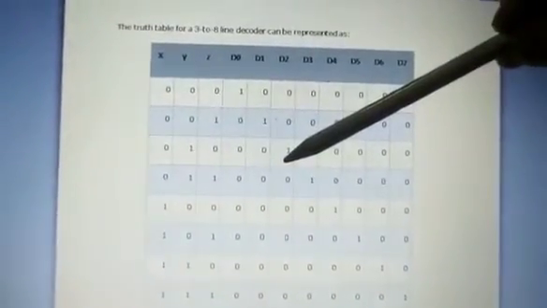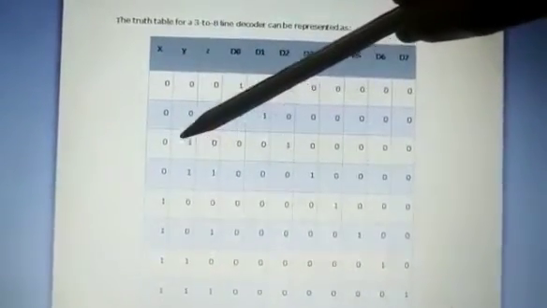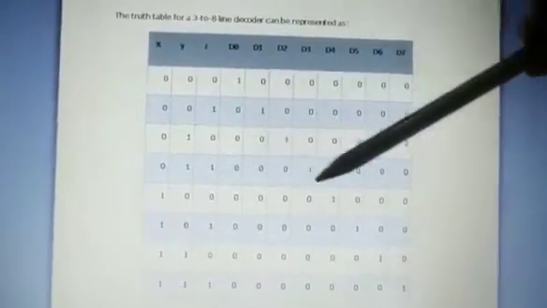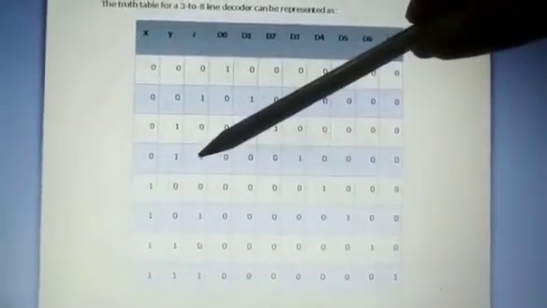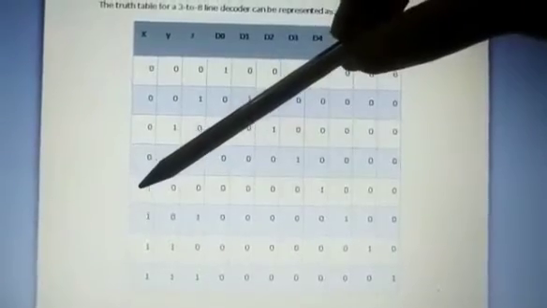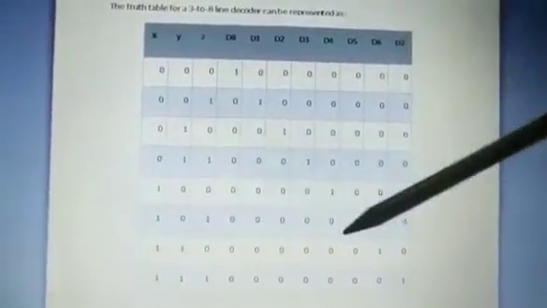D2 will be selected when X has 0 value, Y has 1 value and Z has 0 value. D3 will be selected when X has 0 value and the rest Y and Z have 1 value. D4 will be selected when only X has 1 value and Y and Z have 0 value.